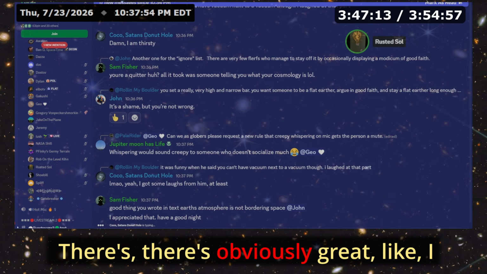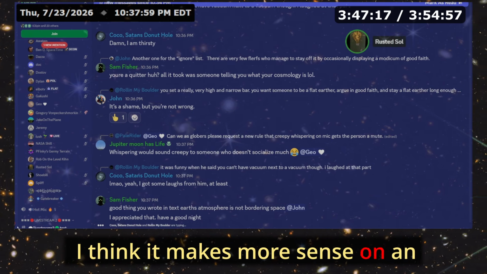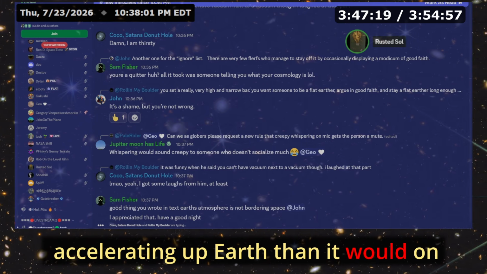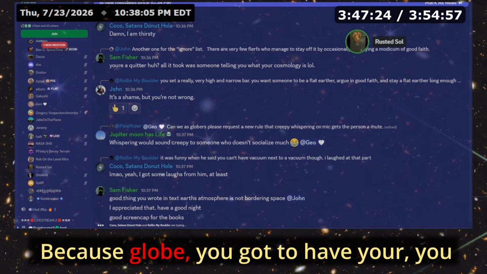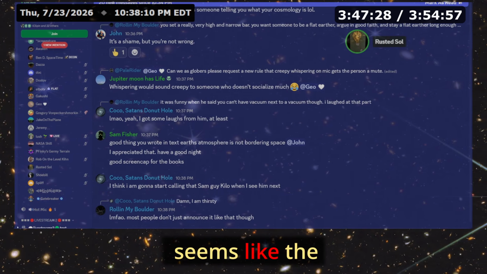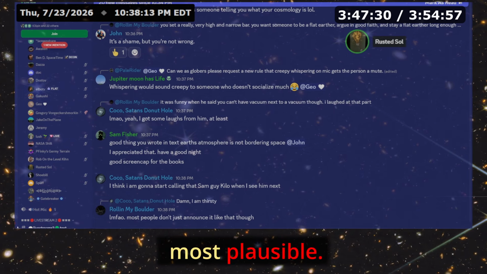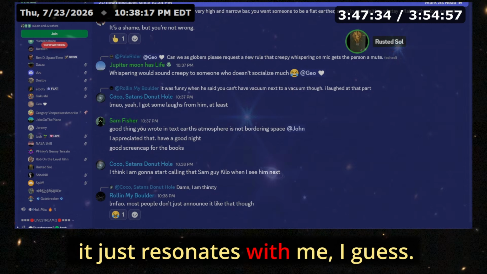I don't deny the existence of gradients. I think it makes more sense on an accelerating up Earth than on a stationary one or a globe. I just go with whatever seems the most plausible, and for me upward just resonates with me, I guess.